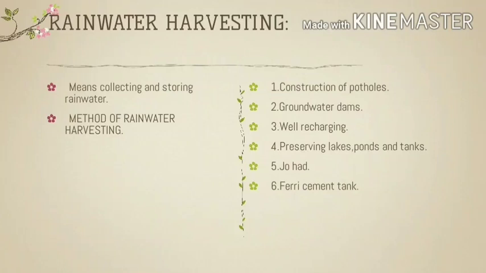Then the groundwater dams. These kinds of dams are usually found in India, Africa and Brazil as well. Wherever the flow of groundwater is very strong during the rainy season, this kind of groundwater dam is constructed.